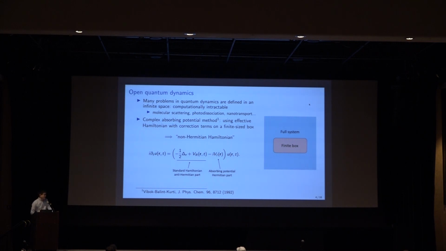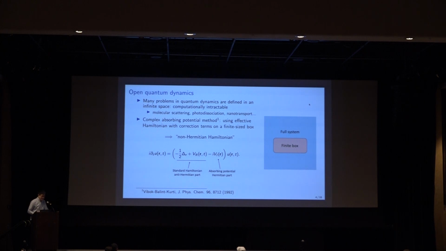To deal with that, or to make that computationally efficient, one way is the so-called complex absorbing potential method. In this method, we choose a finite size box, or some finite domain over my full system, which might be in the infinite space, and then we just study the dynamics on that finite box.